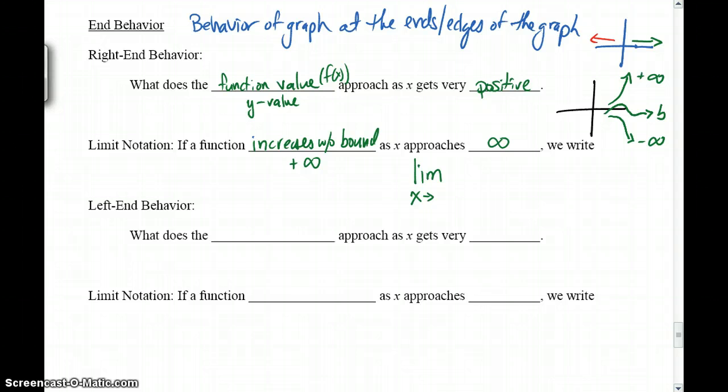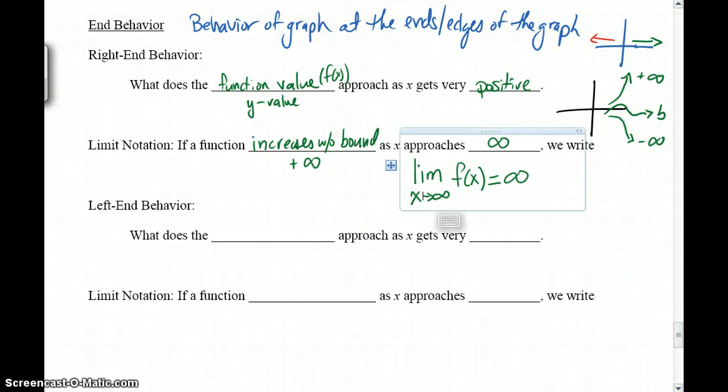X is approaching infinity, and we want to find out what the function value is doing. What is the function approaching? In this case, we said it's increasing without bound, so we would write the limit equals infinity. Or you could write positive infinity if you wanted to.